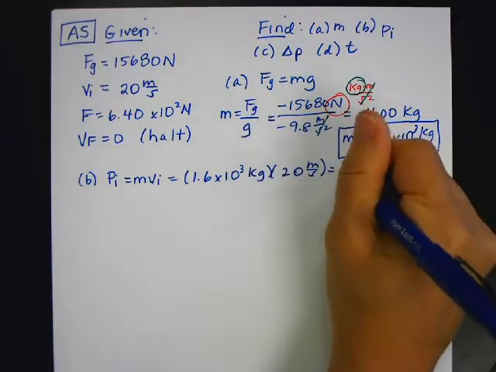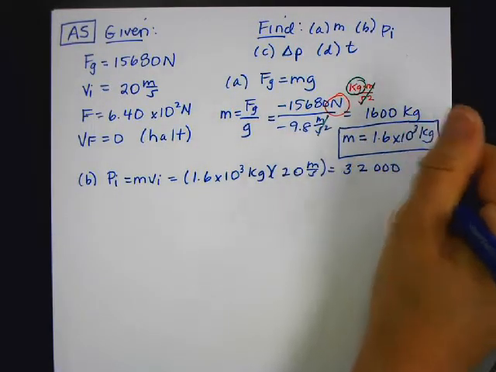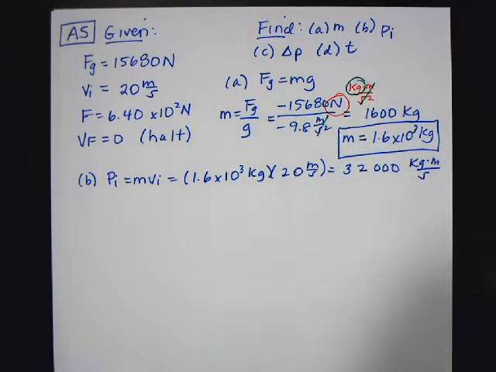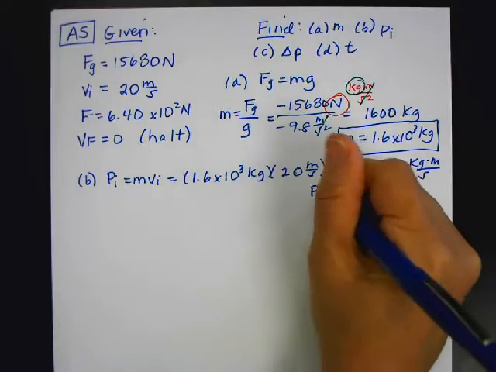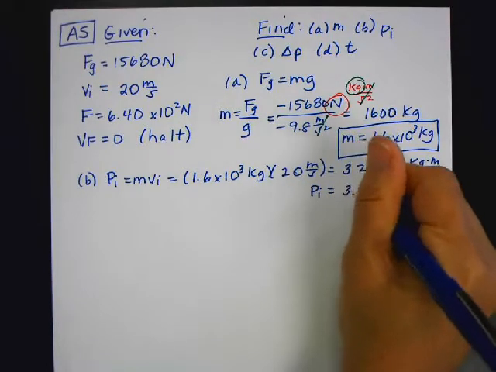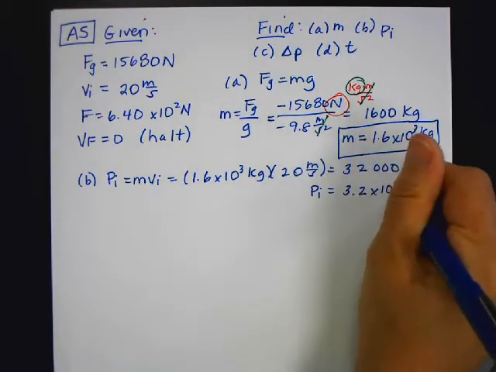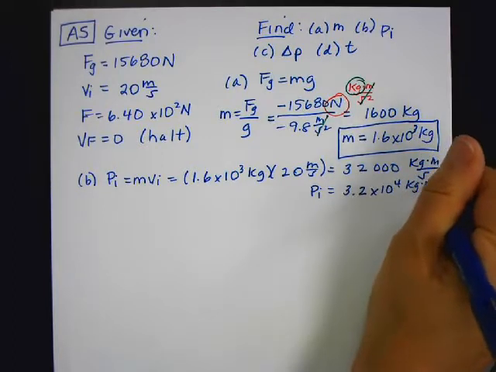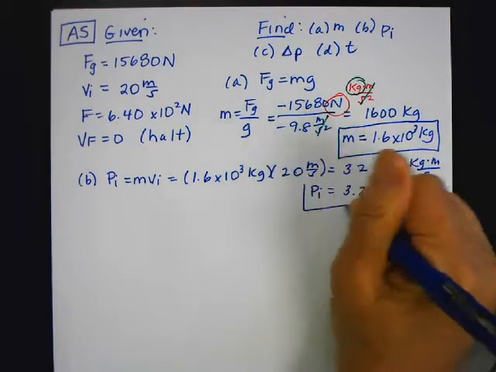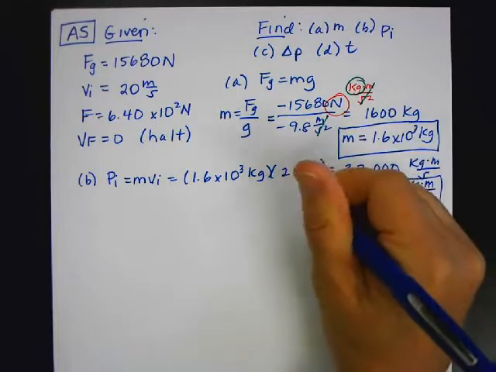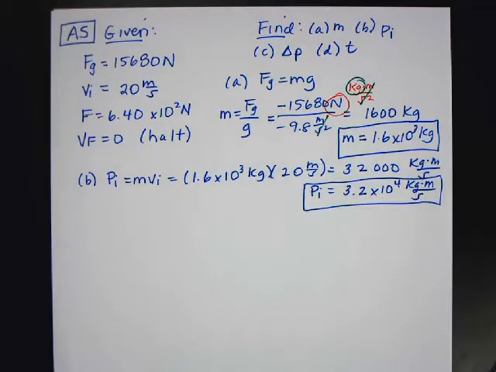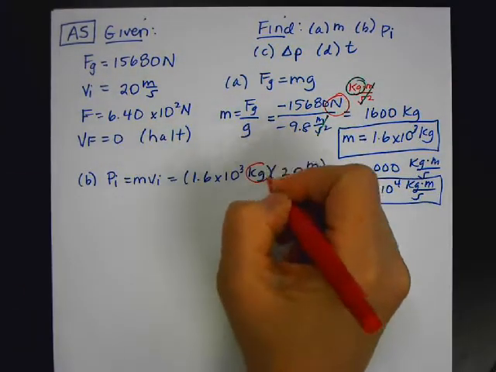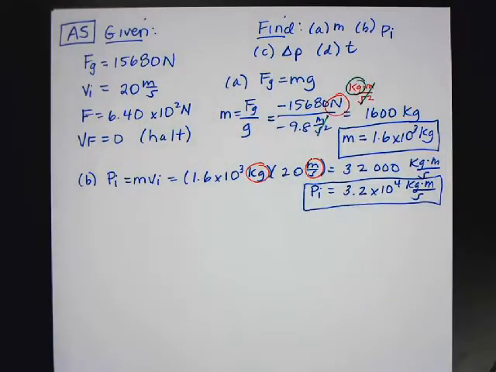So when I multiply that out, I get 32,000 kilogram meter per second, and then in correct significant figures, I'm going to have pi is 3.2 times 10 to the 4 kilogram meter per second. So remember, whatever I do to my number, I do to my unit. So my unit is kilogram times a meter per second, which is the correct unit for momentum.